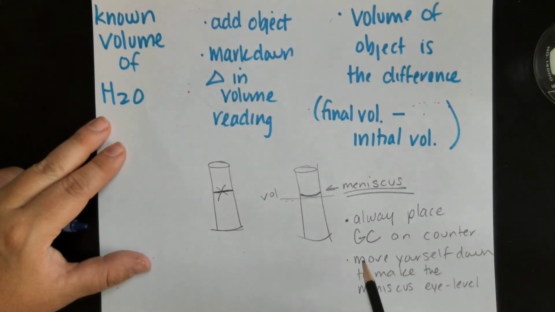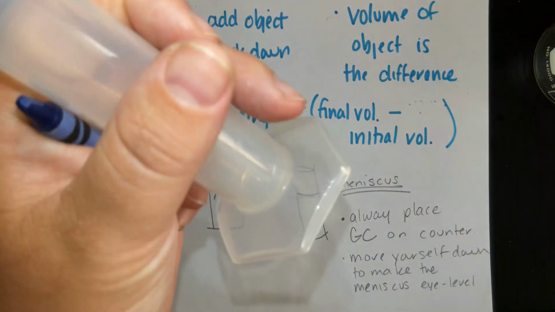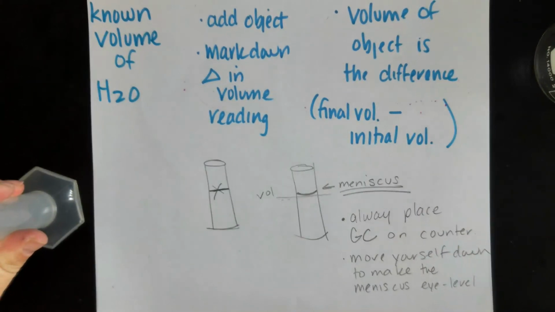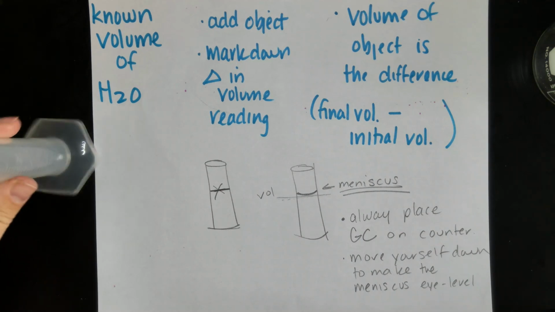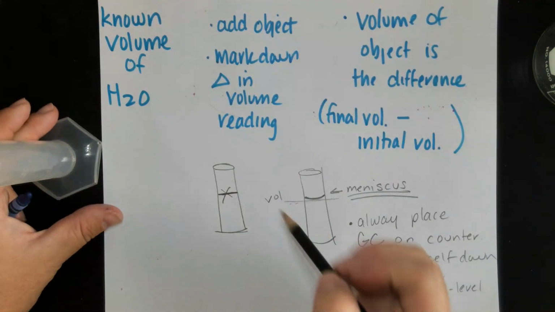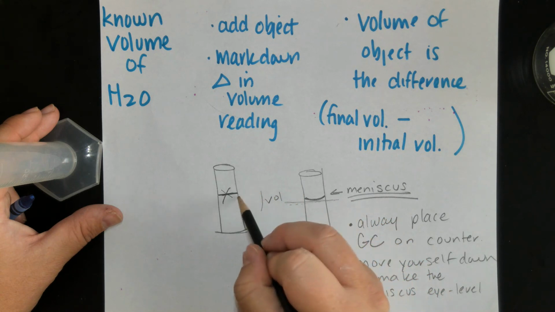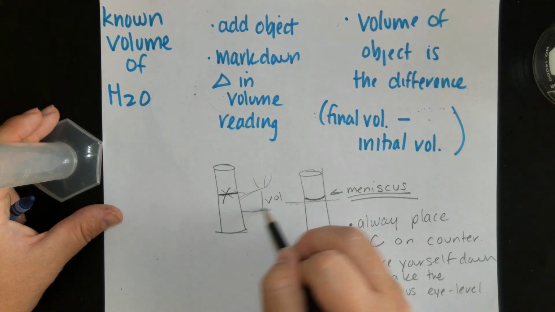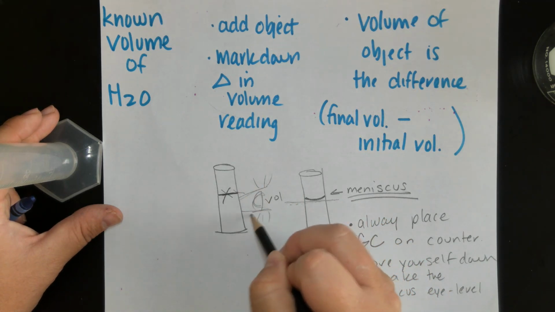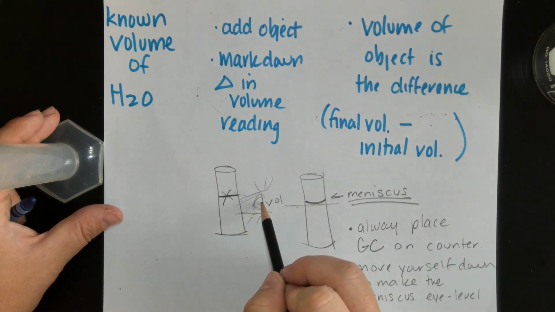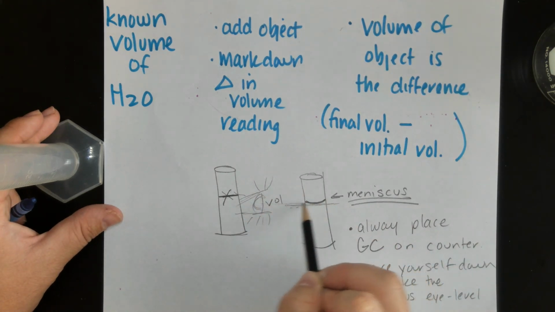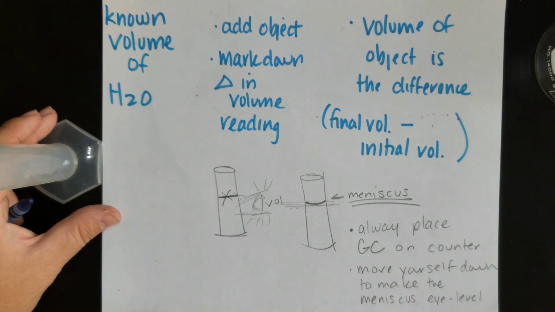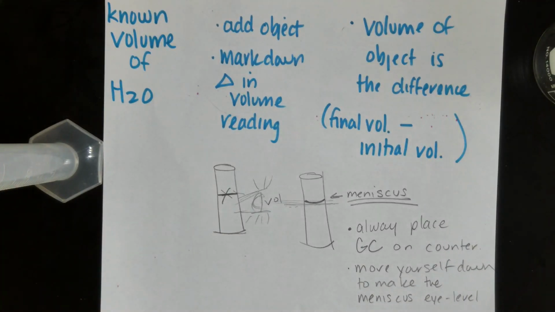Always do this, leave it on the counter. If you're holding the graduated cylinder up in the air, you might have it tilted a little bit. Leave it on a flat surface. Crouch down a little bit if you're taller so that it's at your eye level. So here I am with my artist attempt here. This is my eye level, and I'm reading directly whatever is listed at that meniscus point, okay? That is measuring liquid volume, water displacement, and what are some tools and units of measurement for volume.